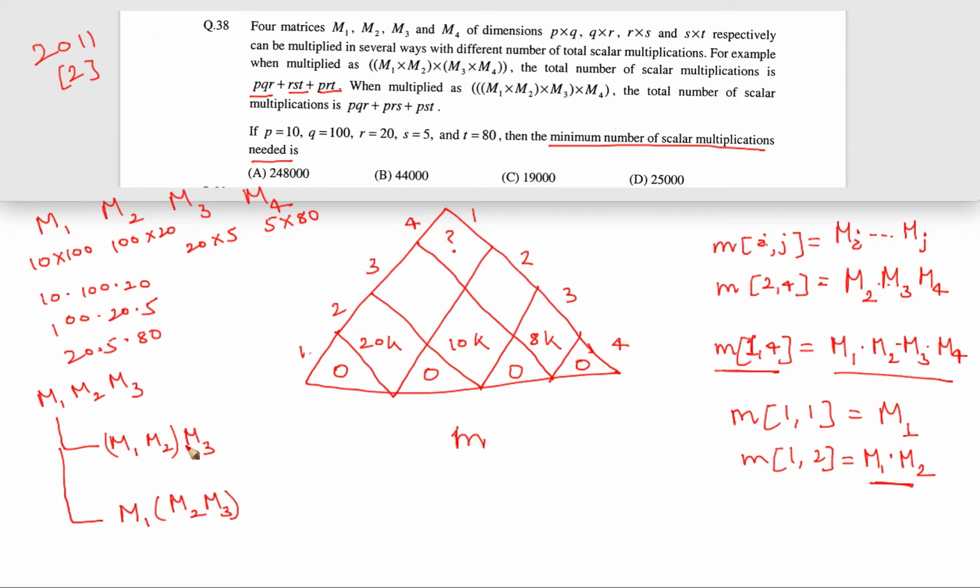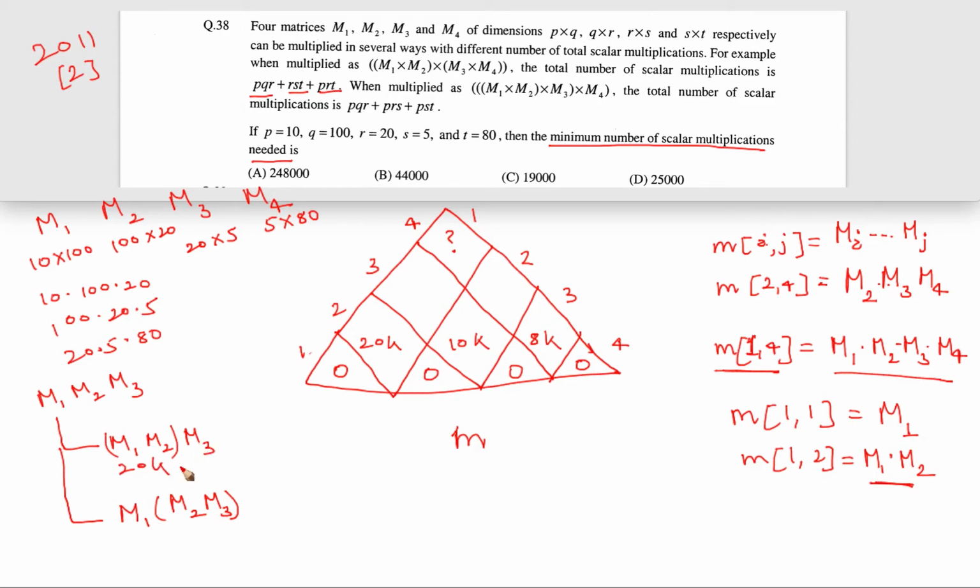Now what are the different numbers of scalar multiplications we get? That is the beauty of dynamic programming, where we use the already calculated answer. For M1 into M2, whatever the minimum number is, I don't need to recalculate it because I already have the M1 comma 2 value, which is 20,000.